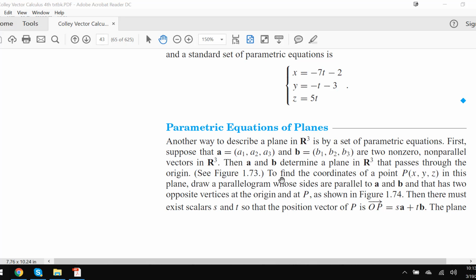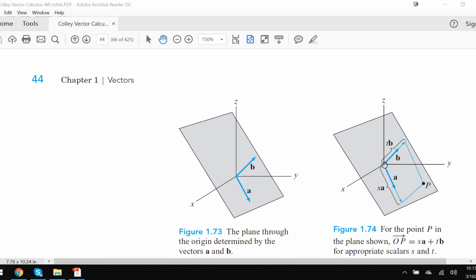So to find the coordinates of a point P, X, Y, Z, in this plane, draw a parallelogram whose sides are parallel to A and B, and has two opposite vertices at the origin and at P, as shown in figure 1.74.